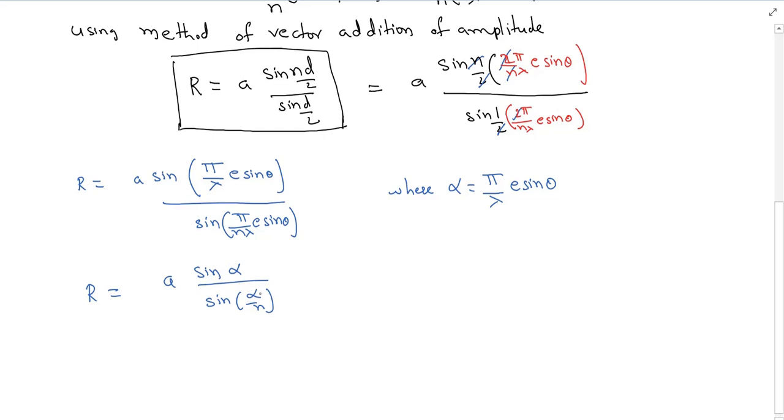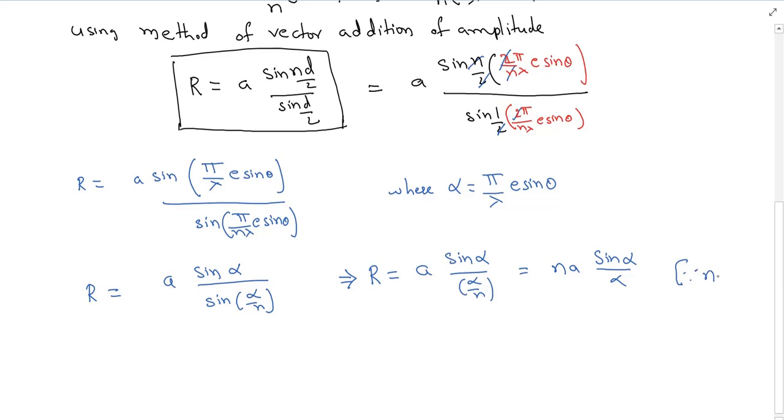right? As alpha by n value is very small, we will ignore sine in the denominator, so it converts into R is equal to A sin alpha by n... n A into sin alpha by alpha.